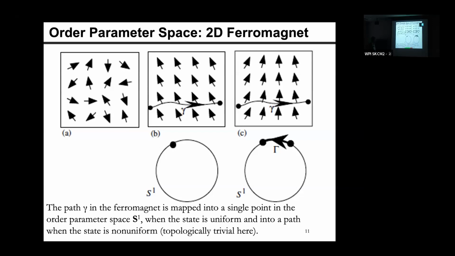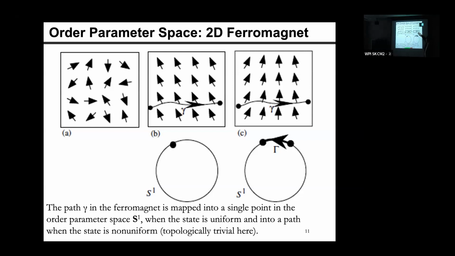The order parameter space here is a circle because these unit vectors are allowed to take any orientation in 2D. They just happen to point in one direction. So therefore, it's just one point on a circle.